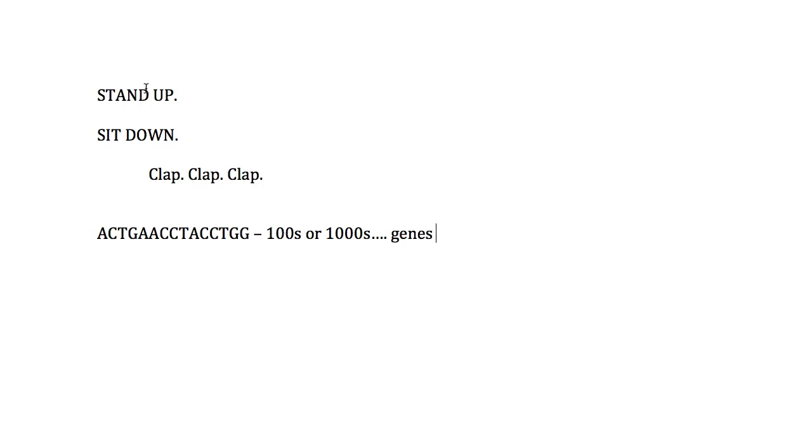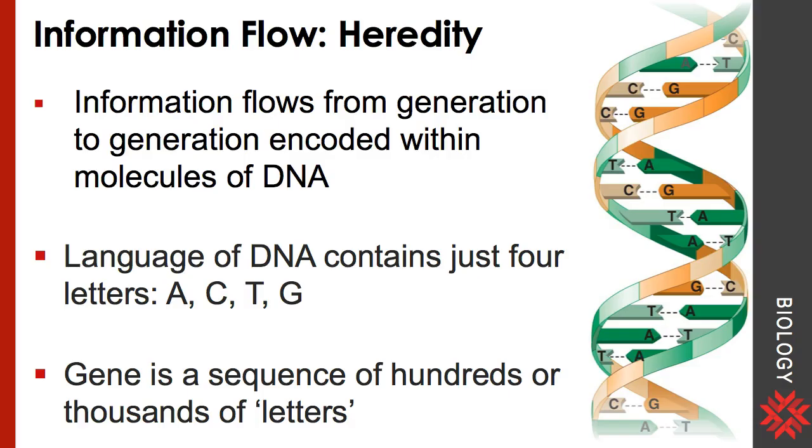So you read the sequence, A, C, T, G, A, whatever the sequence is, 1,500 letters later, then you have the instructions to create insulin. So same thing, we've got letters rearranged in different ways to allow commands to occur.